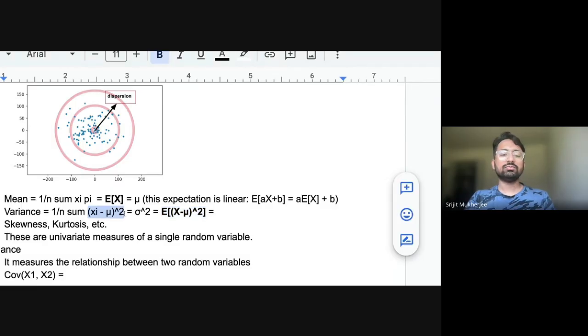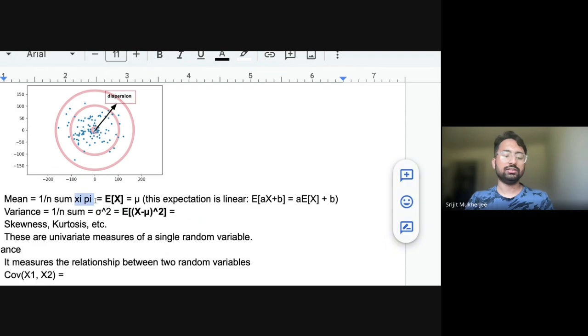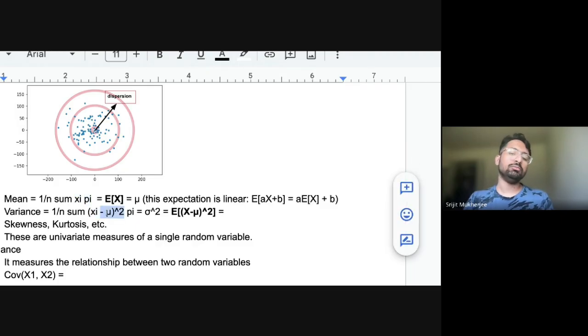Similarly, here you can think of this as a placeholder, and this as a placeholder. In this case it's just xi pi, where x is the main thing and pi is always constant, and in this case it's xi minus mu whole square.